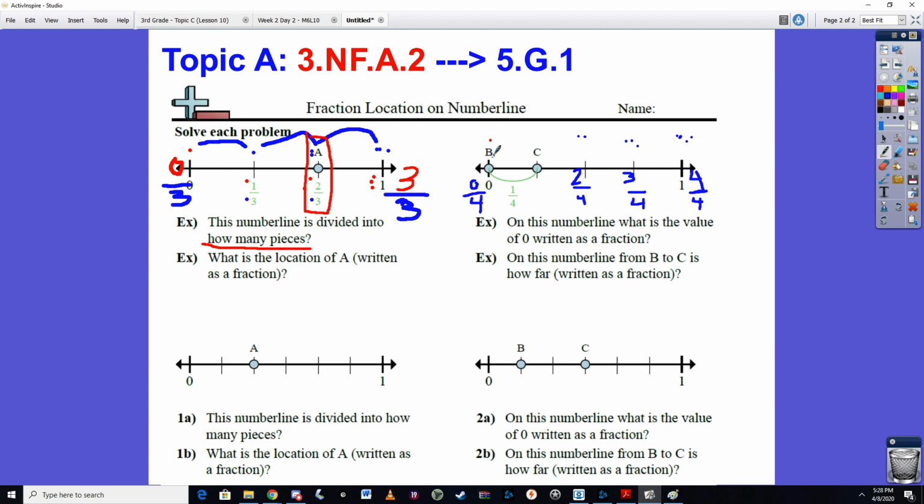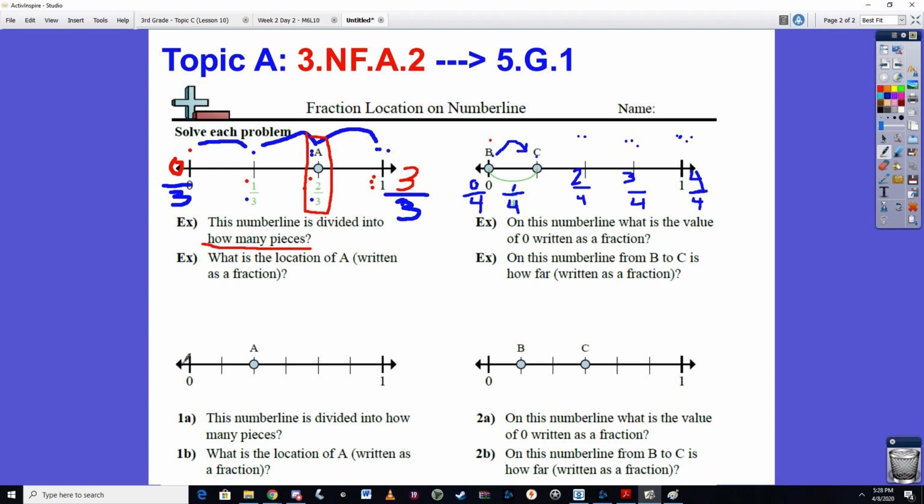Well, from here to here, we make 1 hop, don't we? So 1 hop, and the denominator is always 4. So that's how that works.